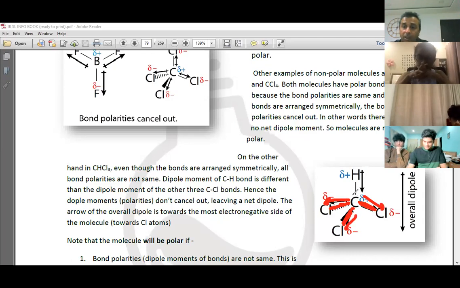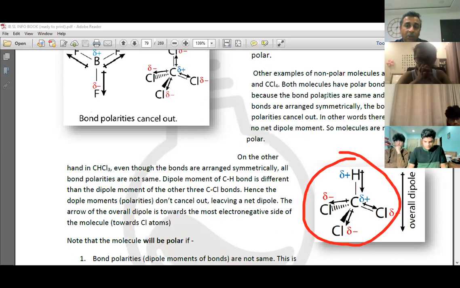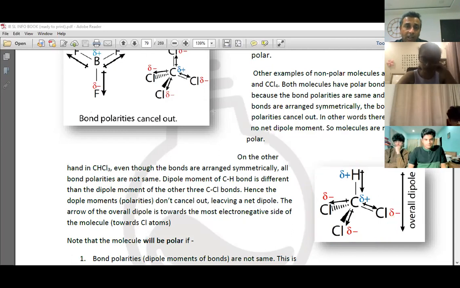But here it is not going up, so it's not a symmetric tetrahedron like the earlier one. Instead of going in four opposite and symmetric directions, one is coming here. So the net dipole will be in this direction. The overall dipole will be in this direction, so this is a polar molecule, not non-polar, because the polarities are not getting cancelled entirely.